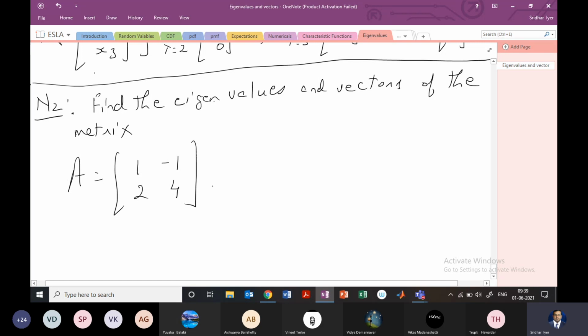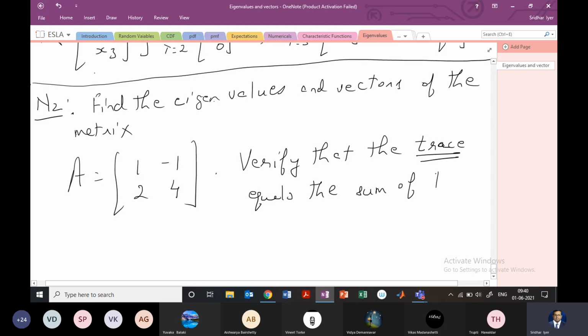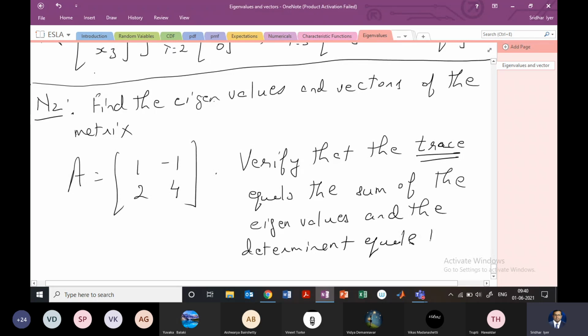Okay, and the next question that we are asking is, verify that the trace equals the sum of the eigenvalues, and the determinant equals their product.